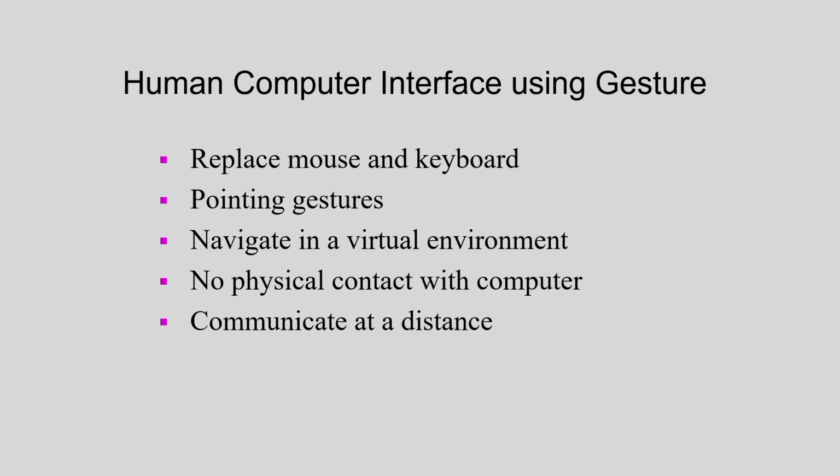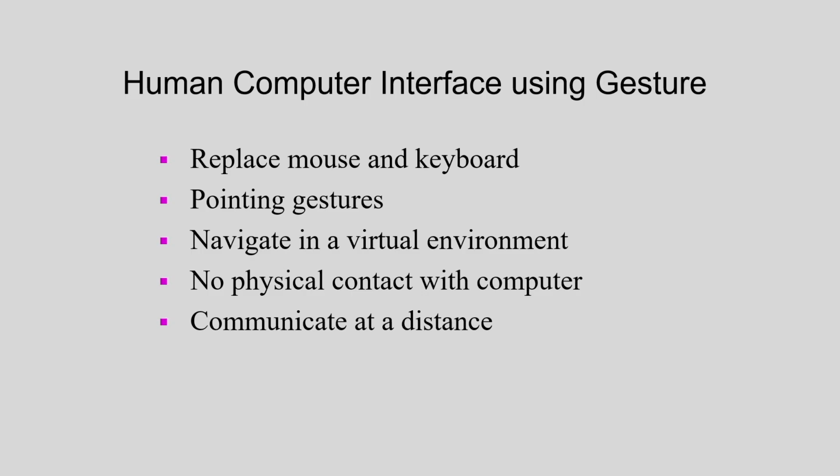One is to replace the mouse and the keyboard. That means without using the mouse and the keyboard, I can interact with the computer with the help of hand gestures. Also, I may consider pointing gestures, maybe for robotic interactions, the human robot interactions, or for window menu activations. So, I can select the window menus based on the pointing gestures.